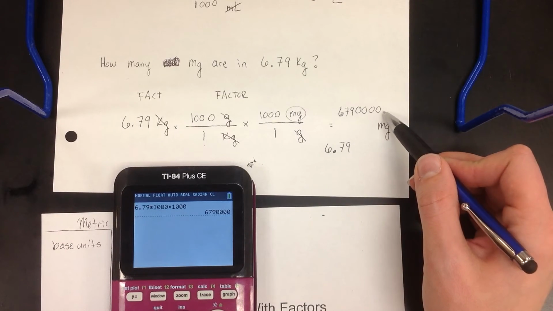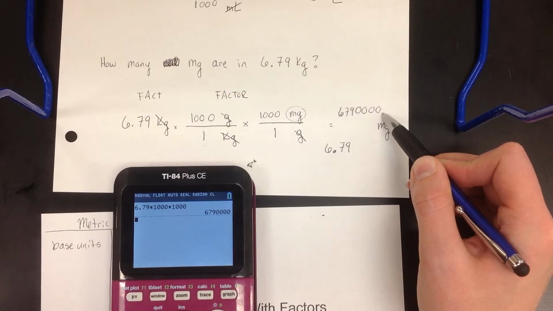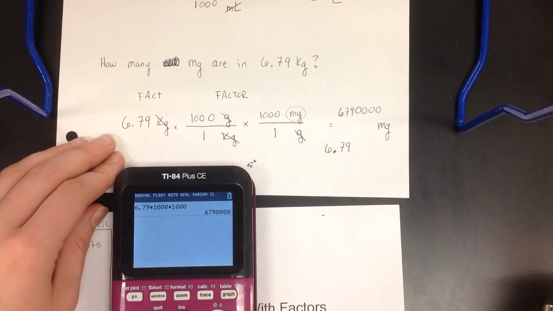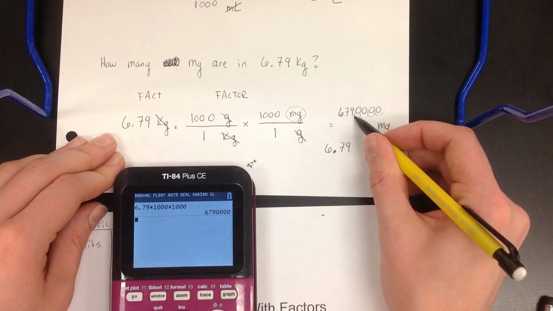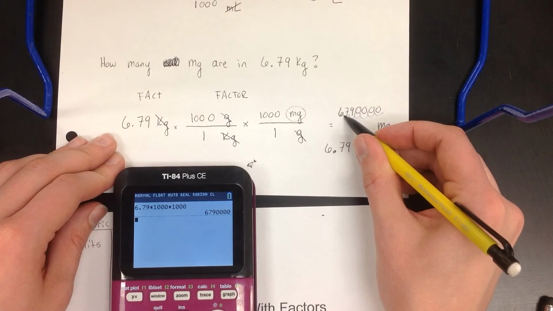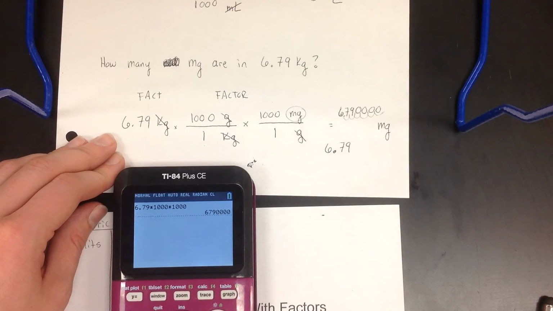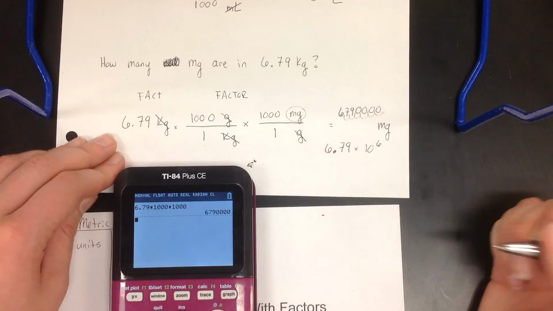Now, my decimal is at the end of my number. I need to count how many times I'm moving my decimal to get it after my 6. So 1, 2, 3, 4, 5, 6 times in order to get my decimal from the end of my number to after the 6th location. So times 10 to the 6th.